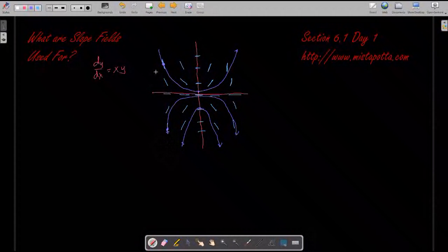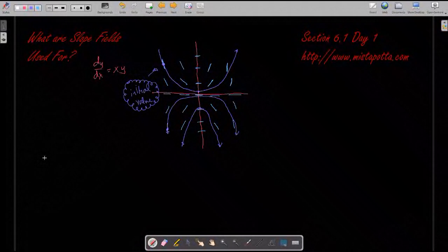As long as I'm given some initial value, as a matter of fact, there's a whole segment of differential equations called initial value problems, and we'll touch a little bit more on this in tomorrow's lesson.